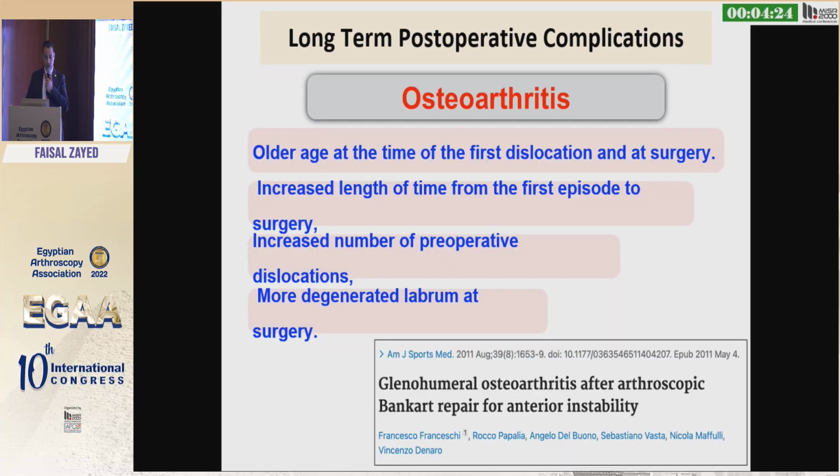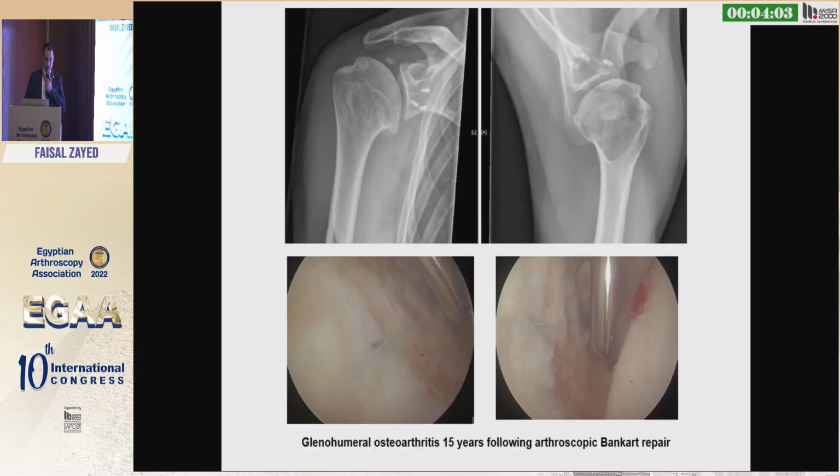These are the predisposing factors to develop osteoarthritis after instability surgery: older age at time of first dislocation, increased length of time from first episode to surgery, increased number of pre-operative dislocations, and more degenerated labrum at surgery. This is a case of post-operative osteoarthritis after arthroscopic Bankart repair.